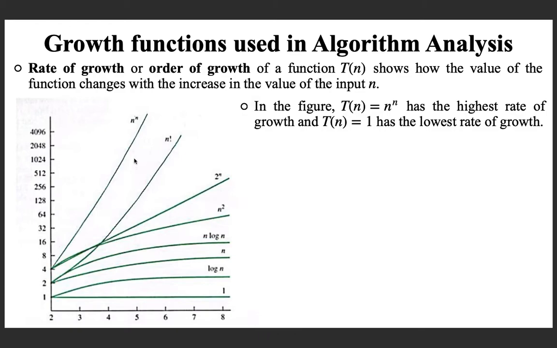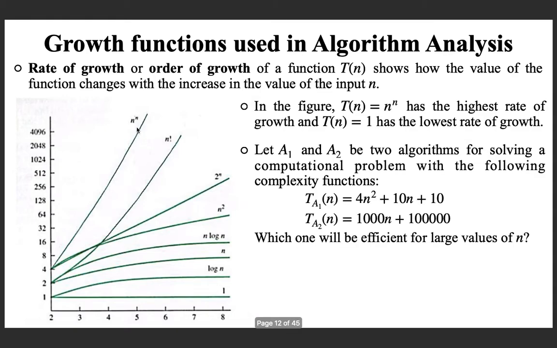And from all these graphs, this is the complexity function that is the worst one, which is having the highest growth rate. The rate of change of the time requirement is highest among these functions for n to the power n.